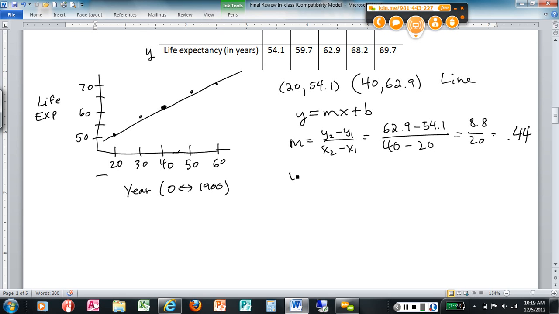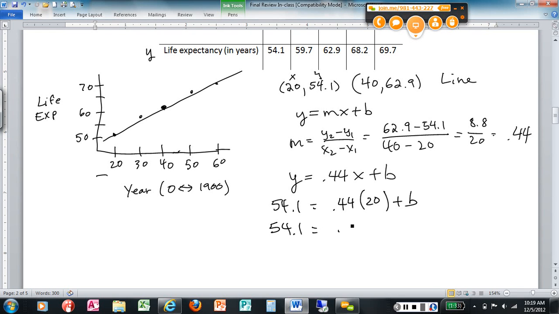So I've got y equals 0.44x plus b. Now to find the b, you just plug in an x and a y. So x is 20, y is 54.1. So that would be 54.1 equals 8.8. Back to that, I think.